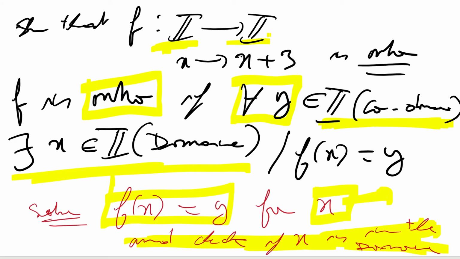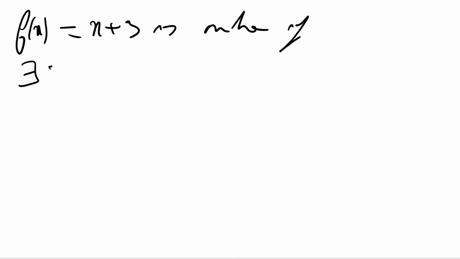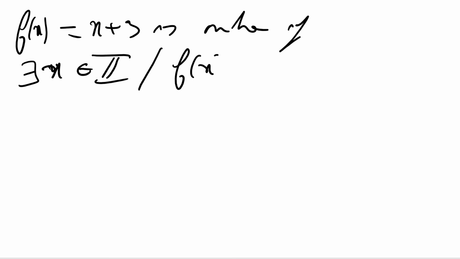So f of x equals, well, our function was x plus 3. x plus 3 is onto if there exists a certain x in the domain such that f of x equals y, and y should be in the codomain.